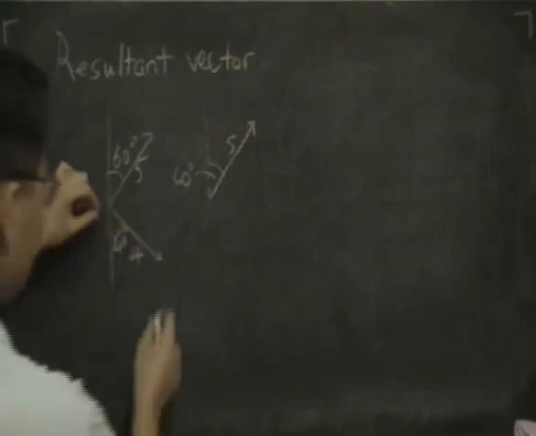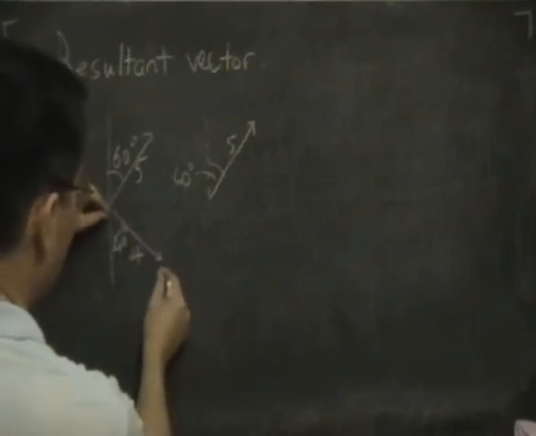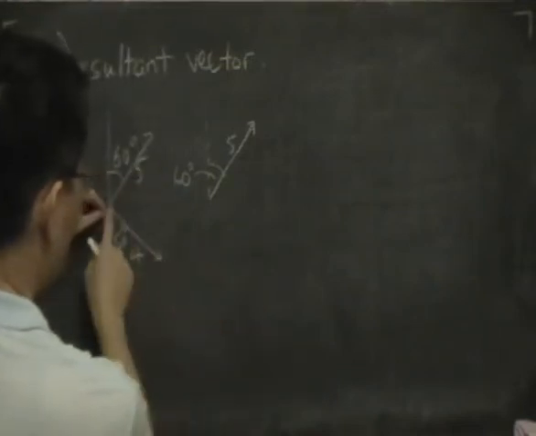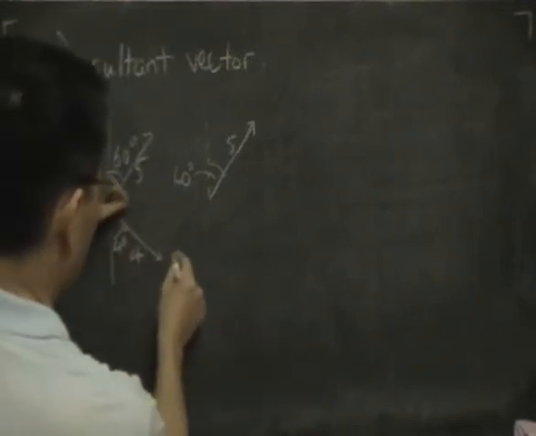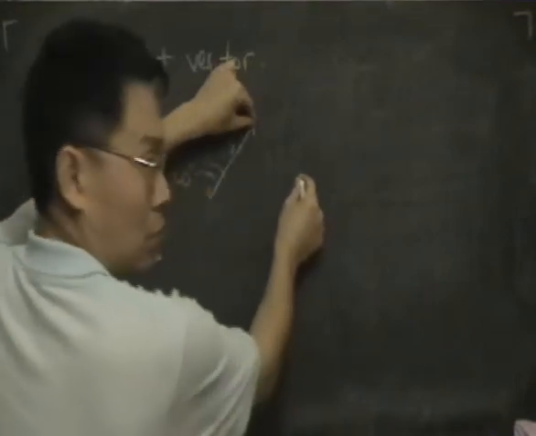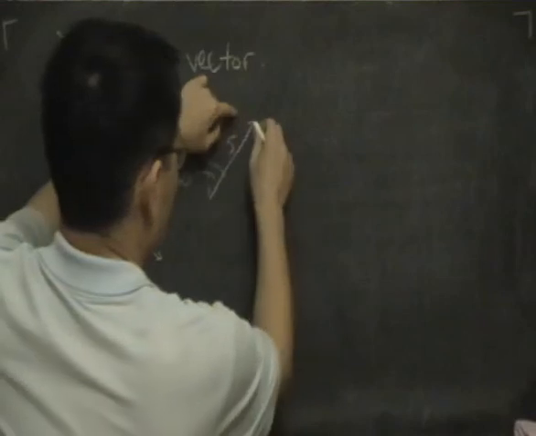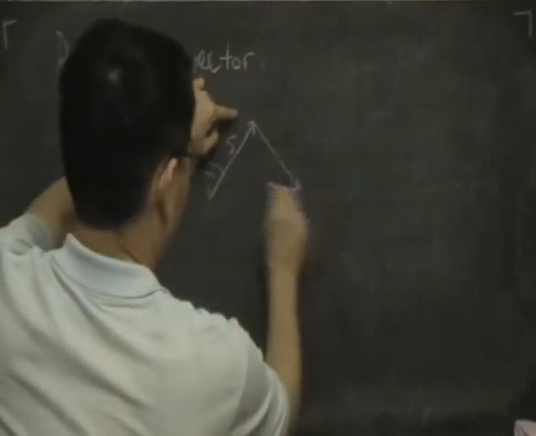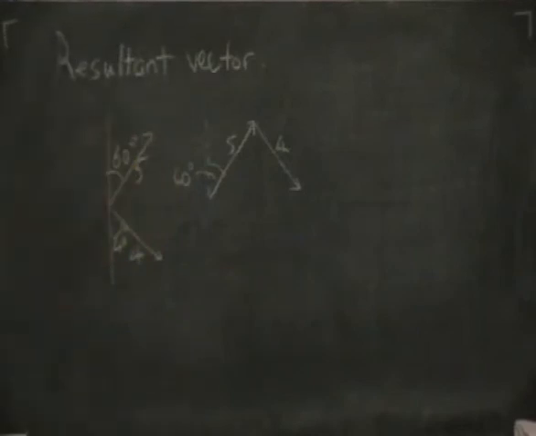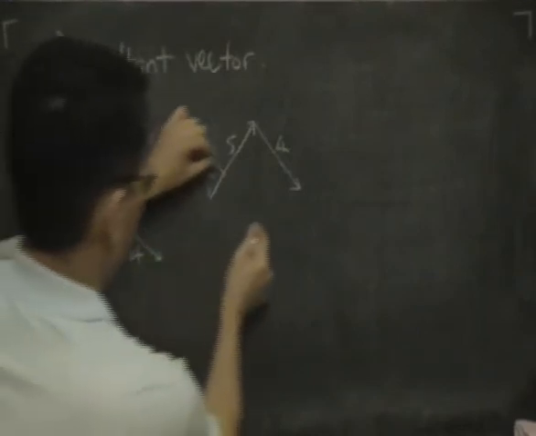Now, let's look at the other arrow. So I'm going to take this arrow out as well, and I'm going to move it around. I'm going to move it so that the tail of this arrow touches the tip of the other arrow, like that. So I've moved this over to there.